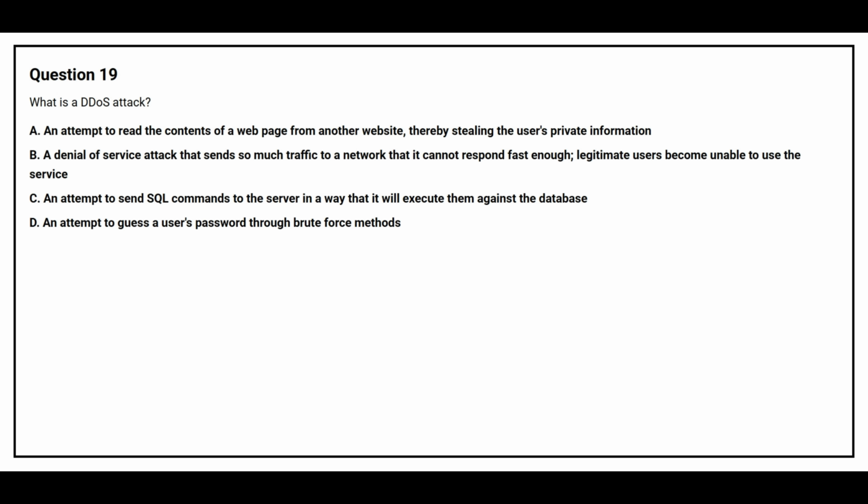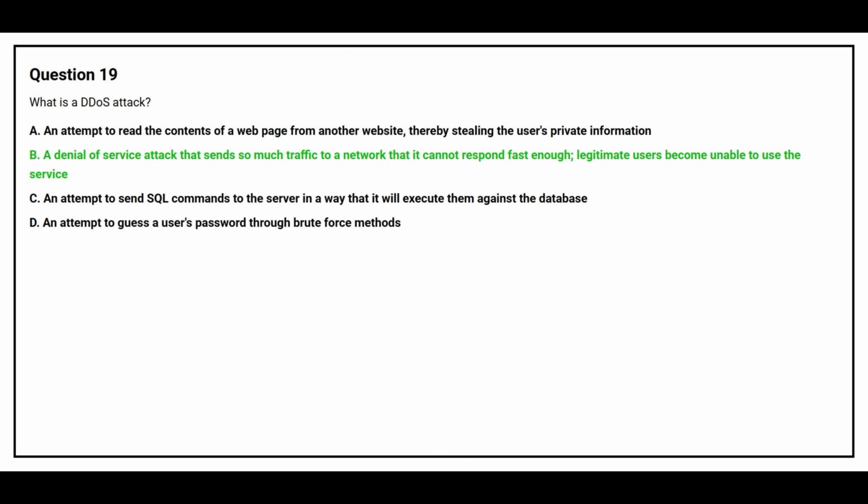Option C, an attempt to send SQL commands to the server in a way that it will execute them against the database. Option D, an attempt to guess a user's password through brute force method.